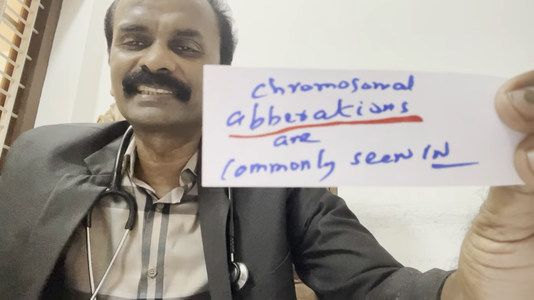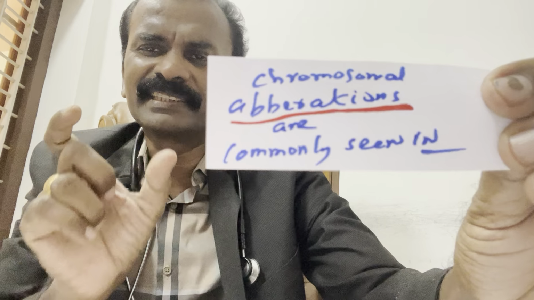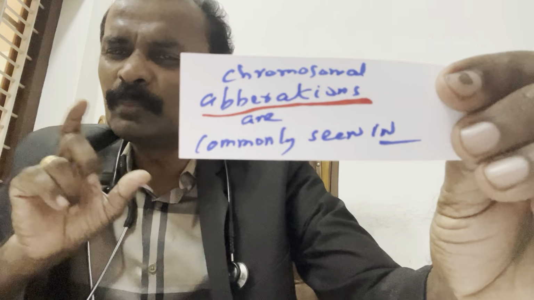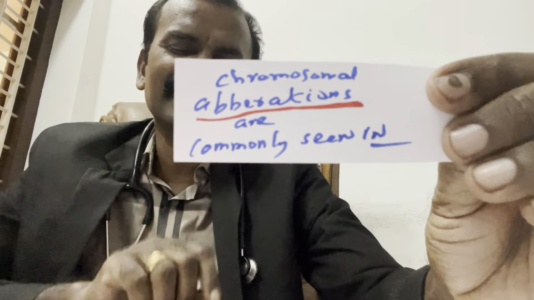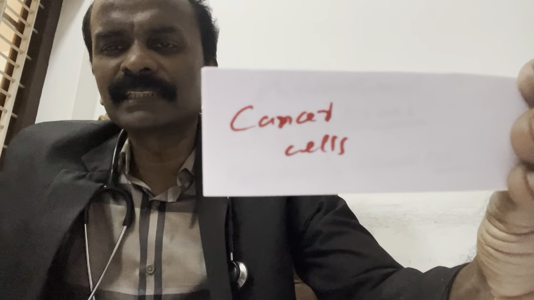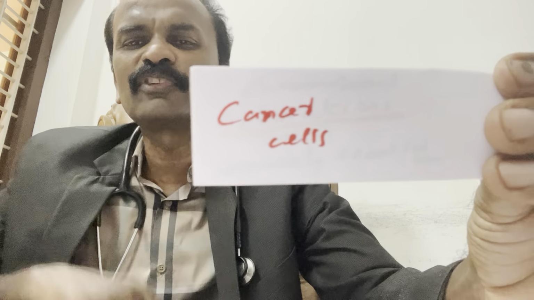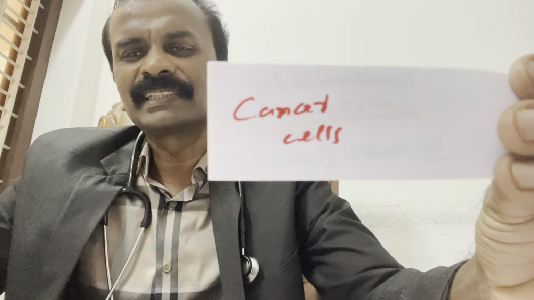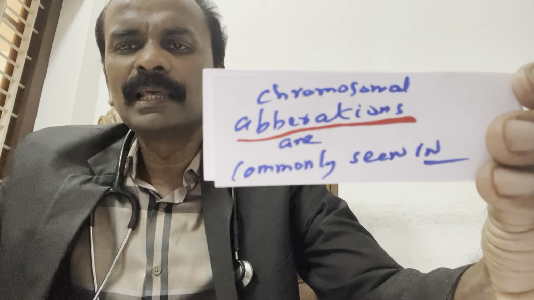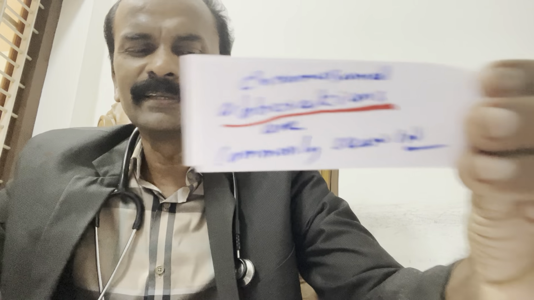Chromosomal aberrations. When you see the word aberrations, you must answer one important answer. Chromosomal aberrations are seen in cancer cells, or they can give match the following. Cancer cells, you must answer chromosomal aberration.